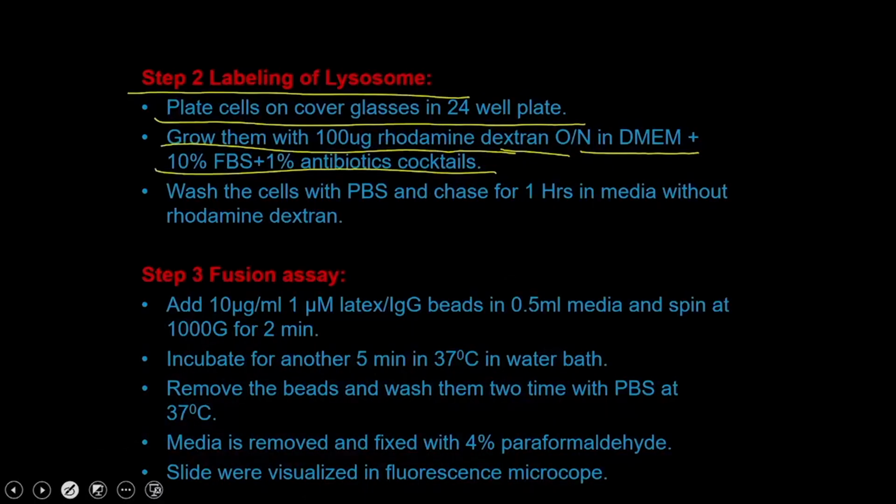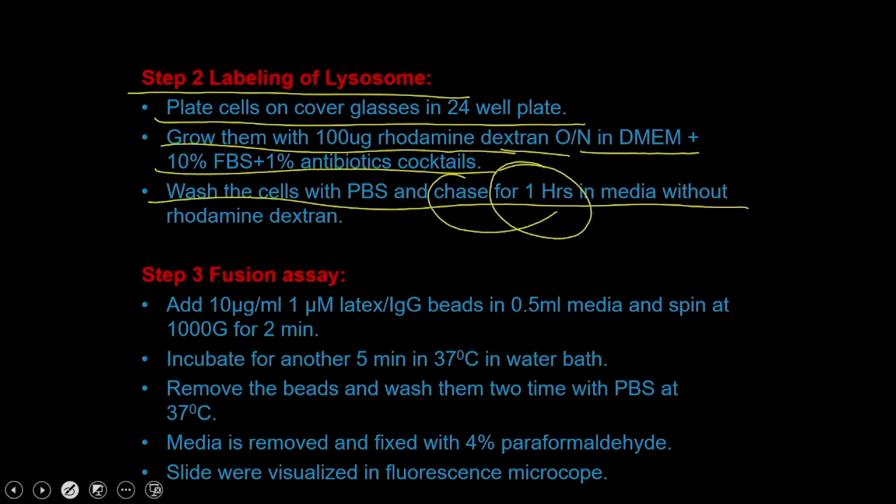You wash the cells with PBS and then you chase the sample for 1 hour. Chasing means that you remove the rhodamine dextran and let the cells grow without it.